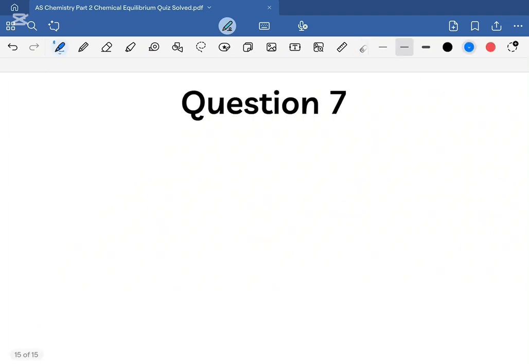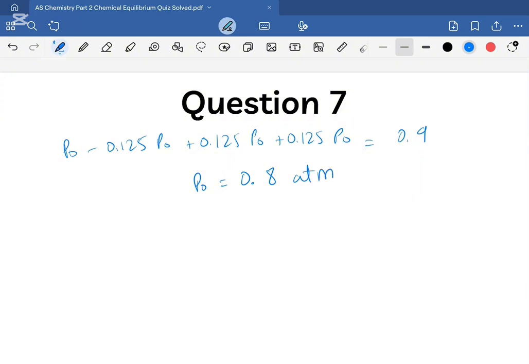So P0 minus 0.125 P0 plus 0.125 P0 plus 0.125 P0 equals the total pressure, 0.9. Working this out, I get an initial pressure of 0.8 atm.